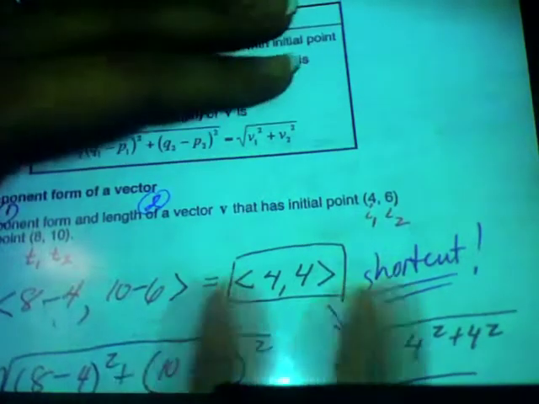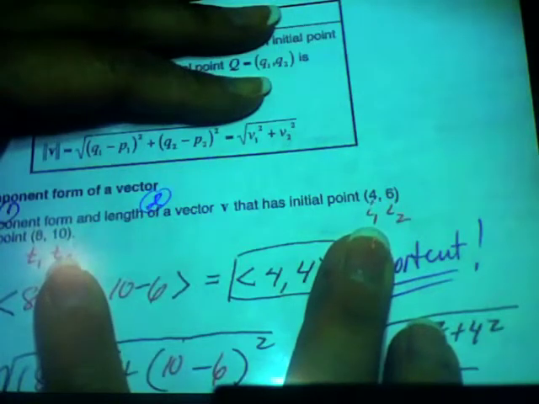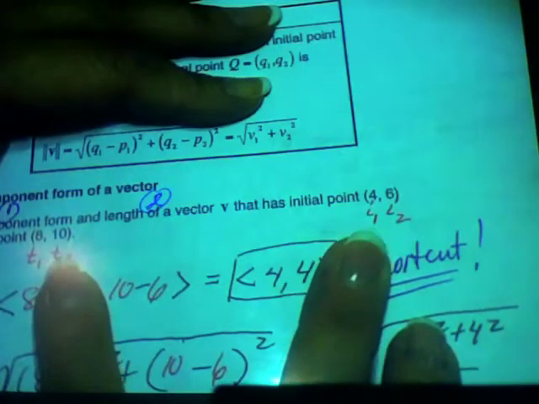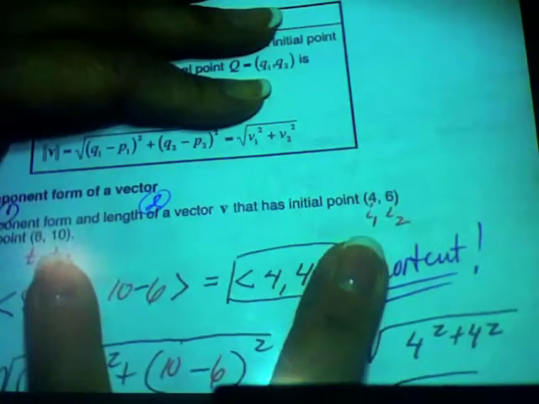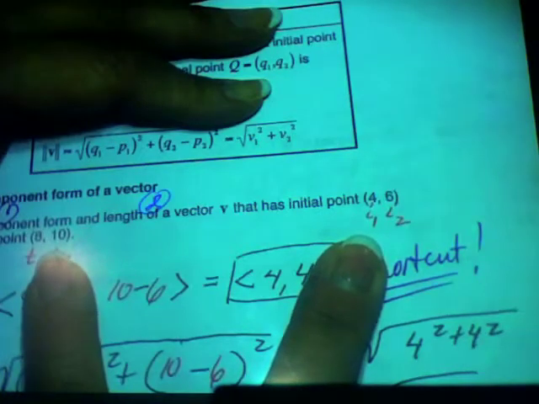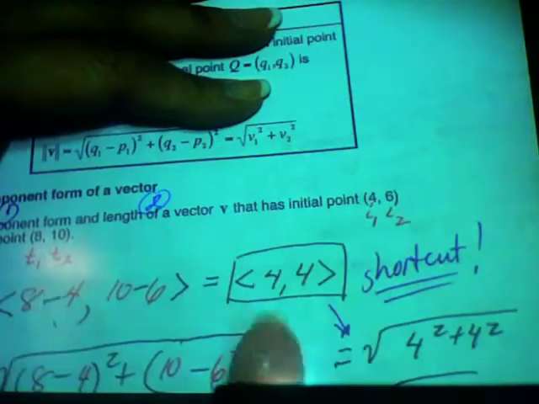Is that where the 2 ordered pairs started? No. But we're going to start at 0, 0, and then go to the ordered pair 4, 4. So I took these 2 ordered pairs and switched them to where the initial point is now at 0, 0 and the terminal point is now at 4, 4.